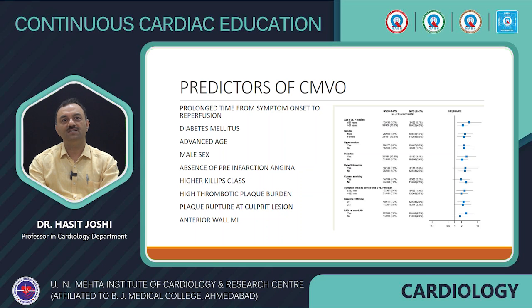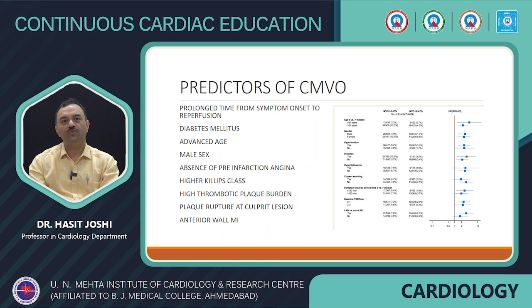Diabetes, advanced age, male sex, absence of pre-infarction angina, that is, there is no preconditioning. These are all factors which are related to higher CMVO. Higher Killip class, meaning higher infarct burden, high thrombotic plaque burden, plaque rupture at the culprit site.